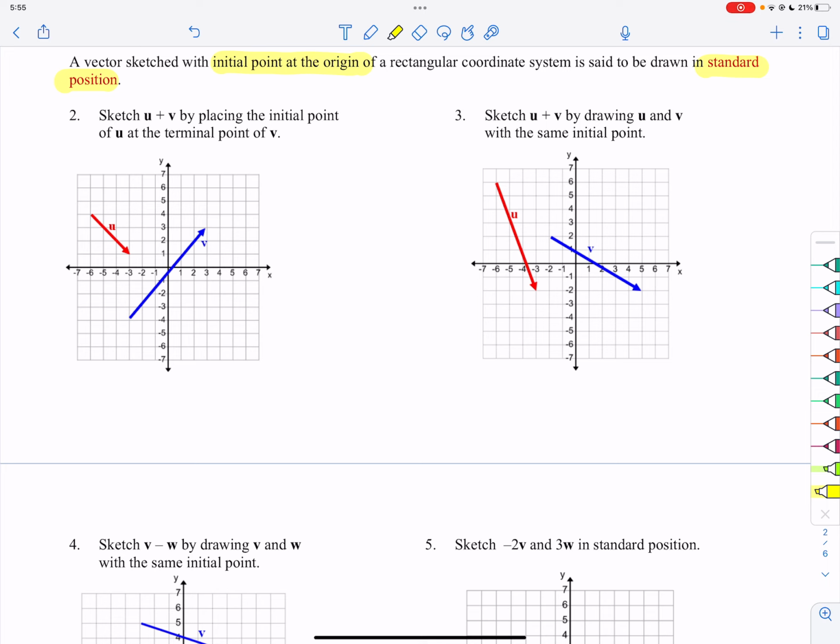We're going to take u and put the initial point of u right here, but we're going to place that at the terminal point of v. And as you can see, that will look like this vector here. And then, now I'll change colors, we have u plus v.